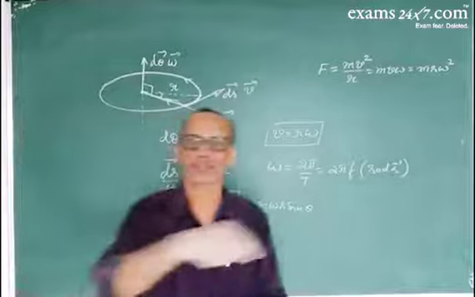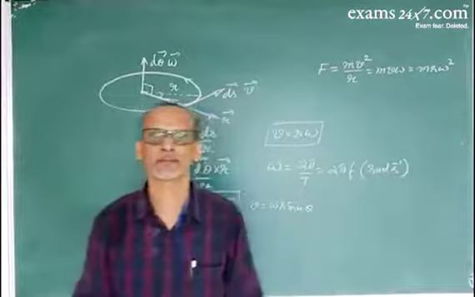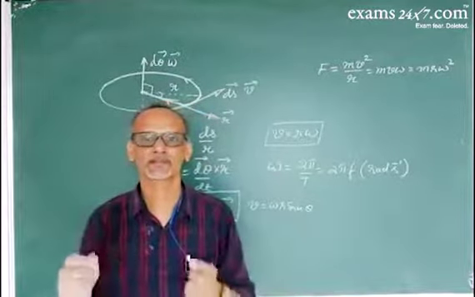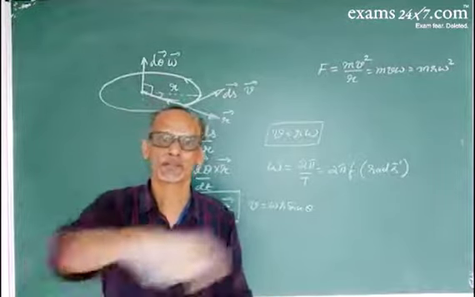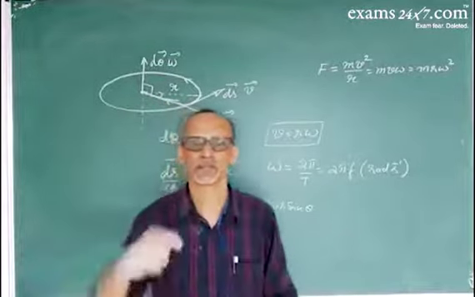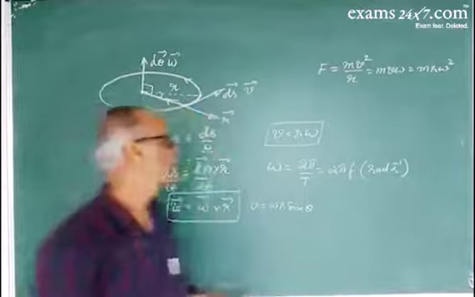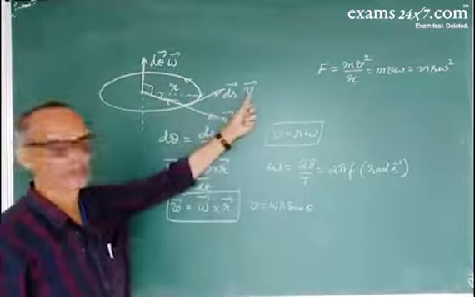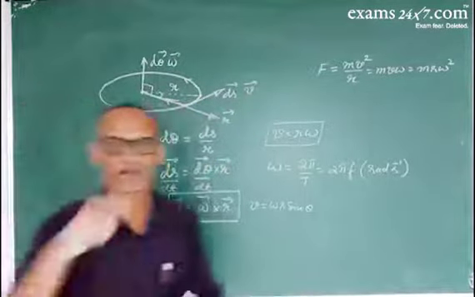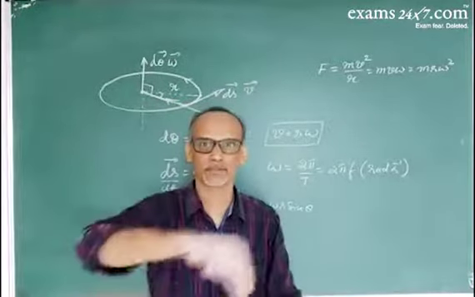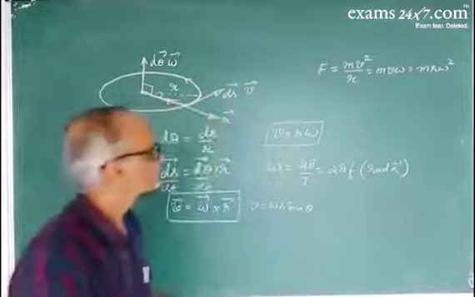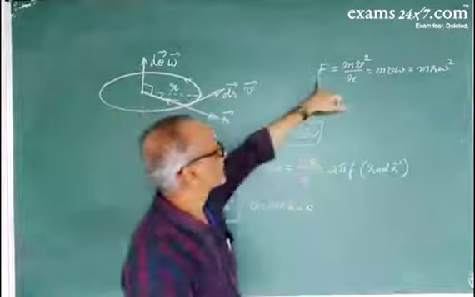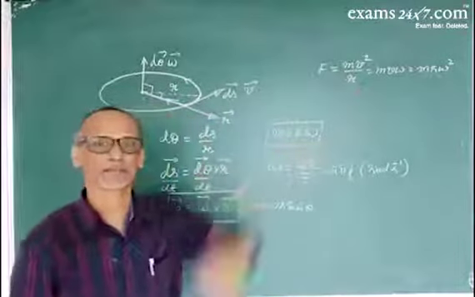For the revolution of the electron around the nucleus, there is an electrostatic force of attraction which keeps the electron revolving around the nucleus continuously with a speed v, and r will be the radius of the circular path. And we know that force is always of the format mass into acceleration.